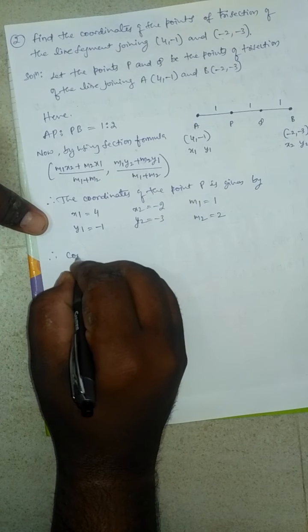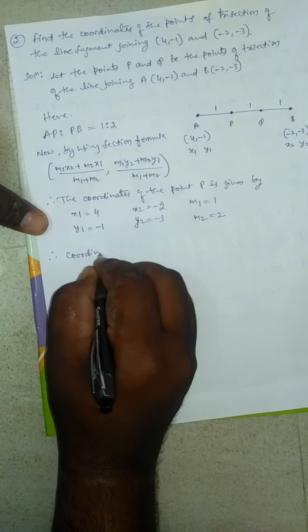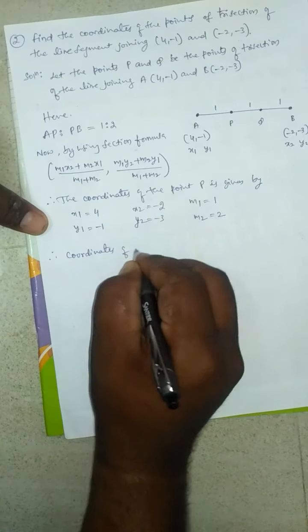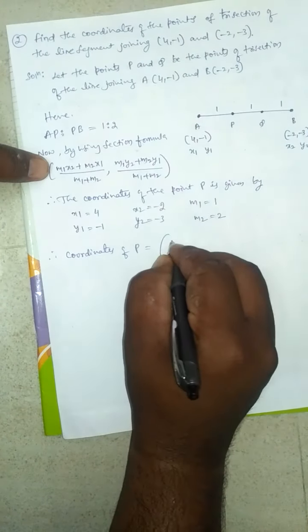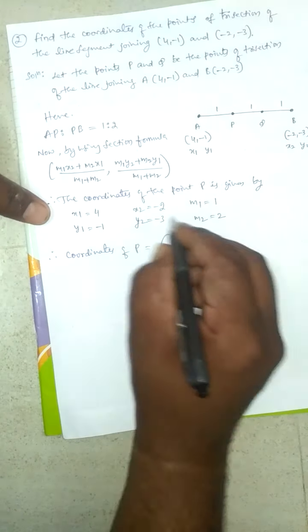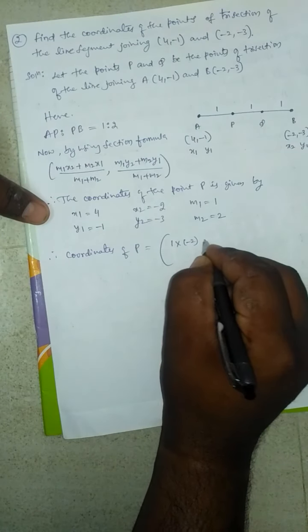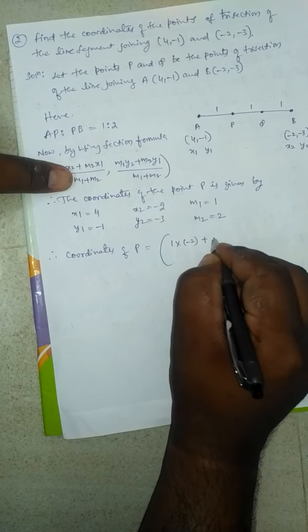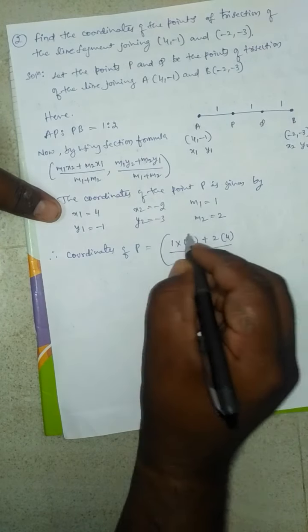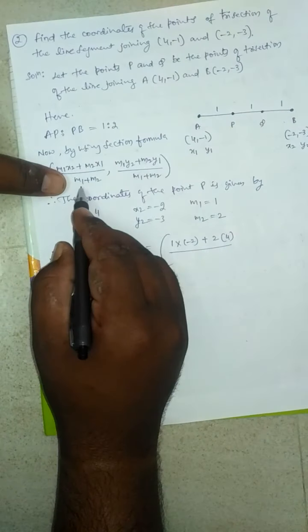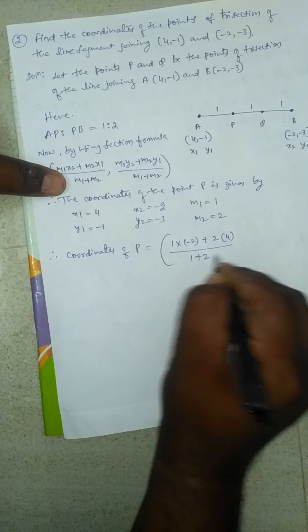Therefore coordinates of P are equal to m1 that is 1 into x2 value minus 2 plus m2 that is 2 into x1 value 4, divided by m1 plus m2, which is 1 plus 2.